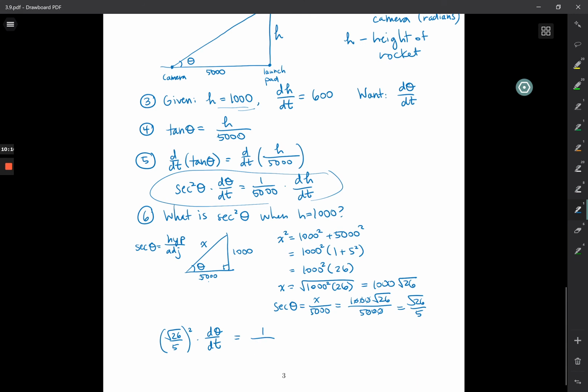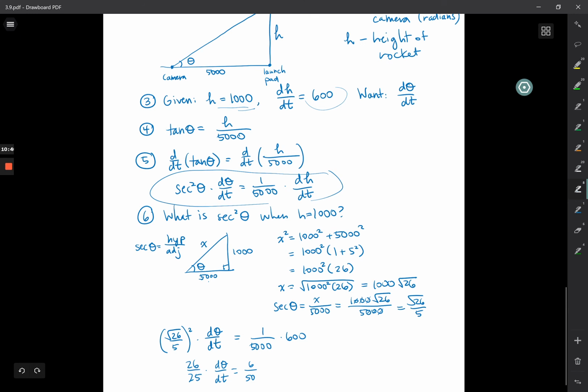And dh dt was given, it's up here, it's 600. Right. Okay, so we would get 26 over 25 d theta dt is equal to 6 over 50, right?